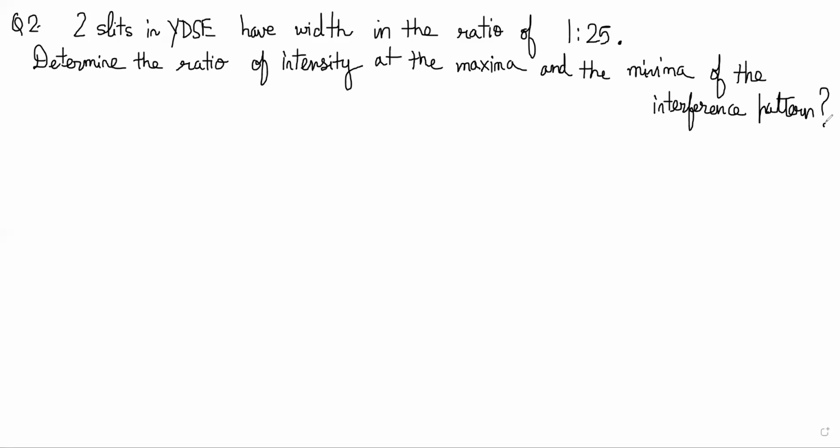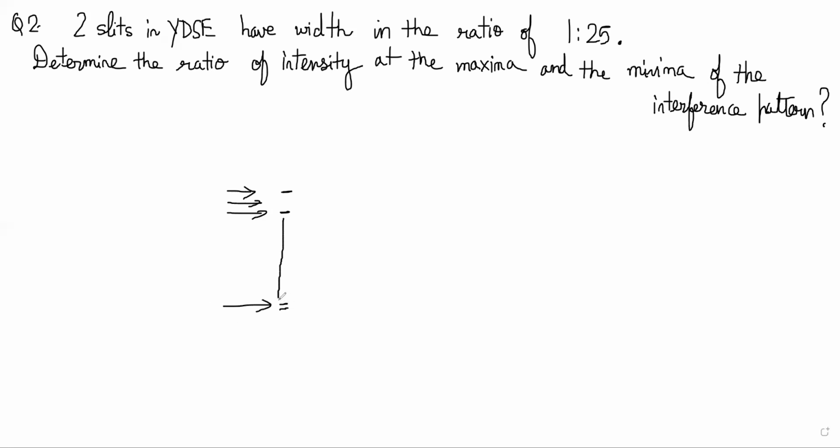That means what? Intensity of light from each slit is directly proportional to the slit width. So I have a wider slit and a narrower slit, and more light passes through here, less light passes through here.